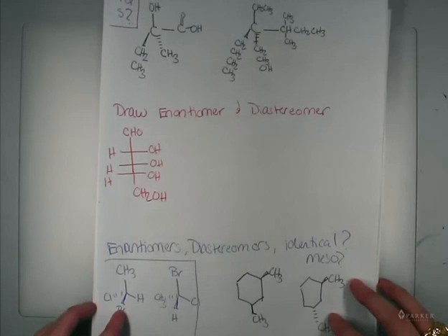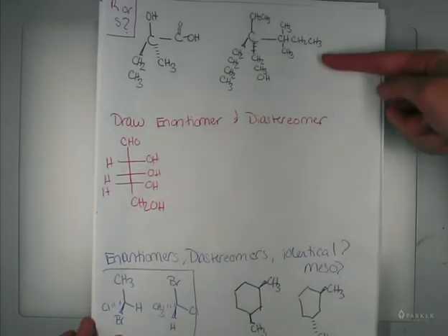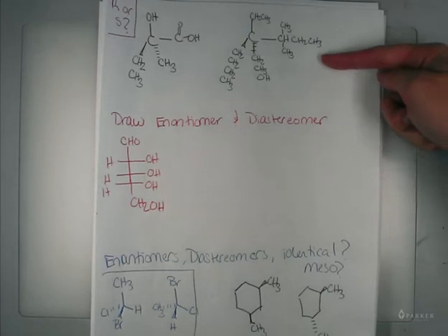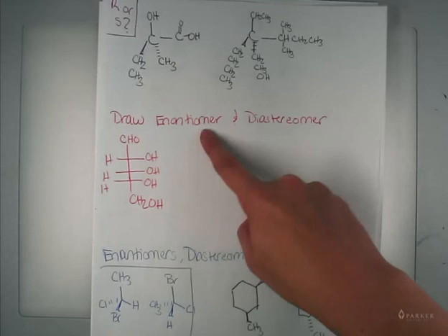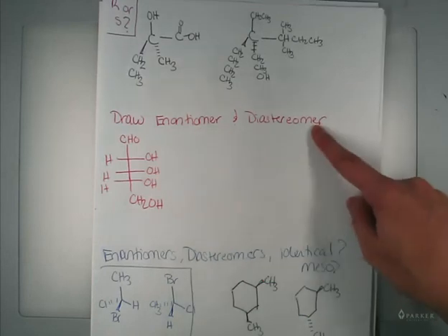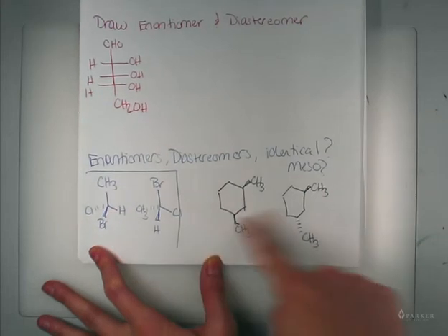Okay, so work these out. You can work in groups if you want. So this first one, just tell me, are these R or S? This one, here's the original. I want you to draw an enantiomer of it and a diastereomer. And then down here, you see there's two of them.